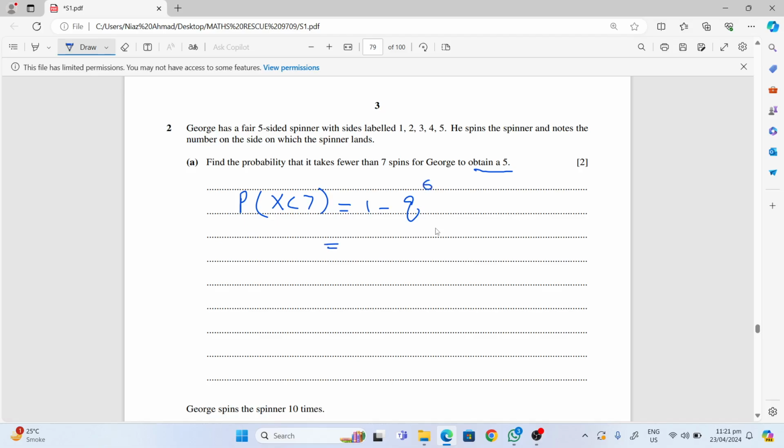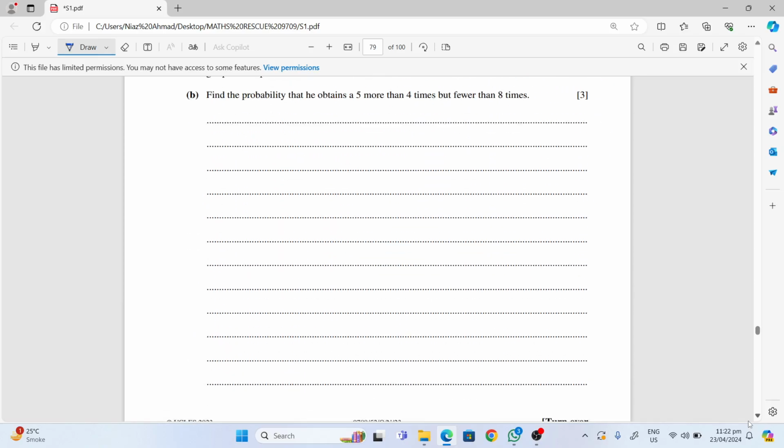The probability of p is 1 over 5 and q is 4 by 5, so 1 minus (4/5) to the power 6. Use your calculator and your answer is 0.738 to 3 significant figures. So we are done with part 1.